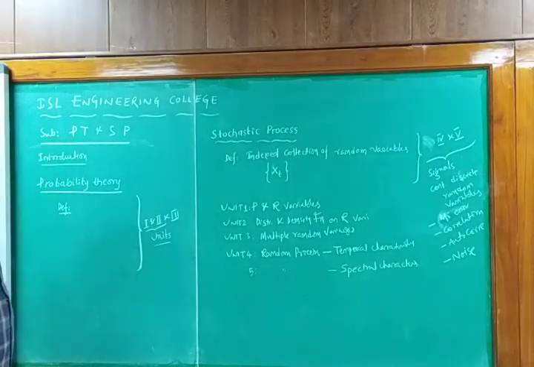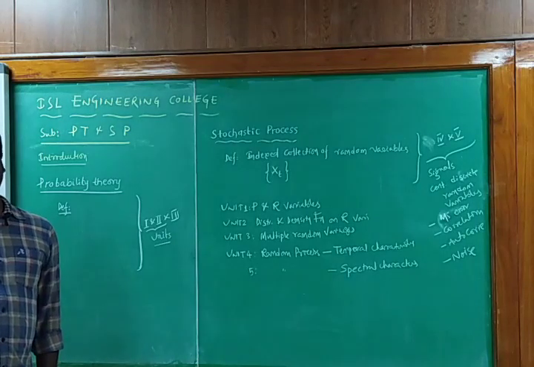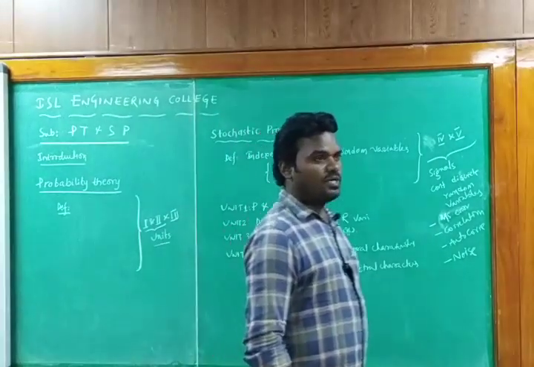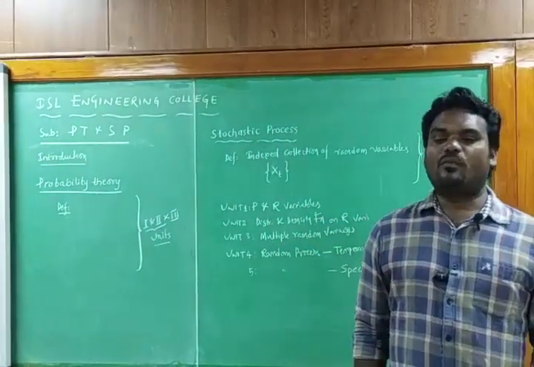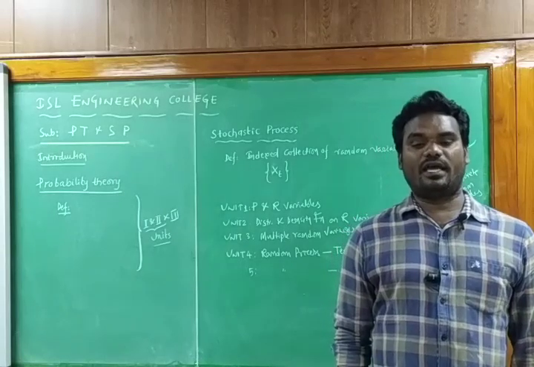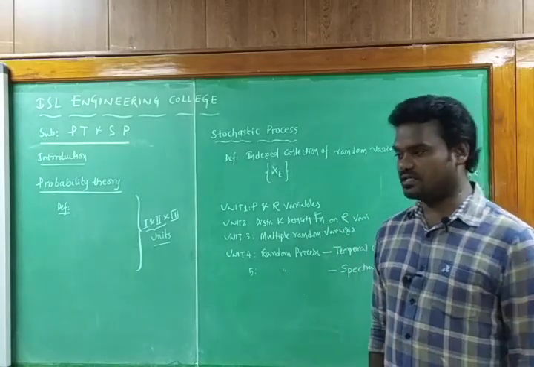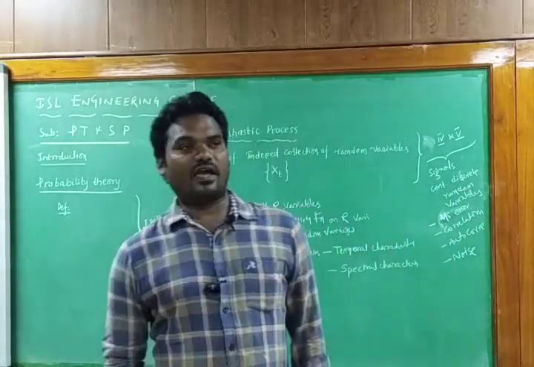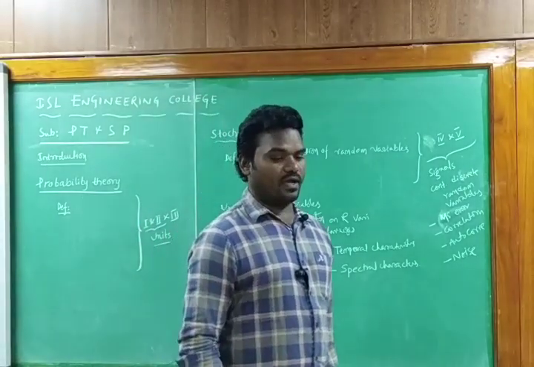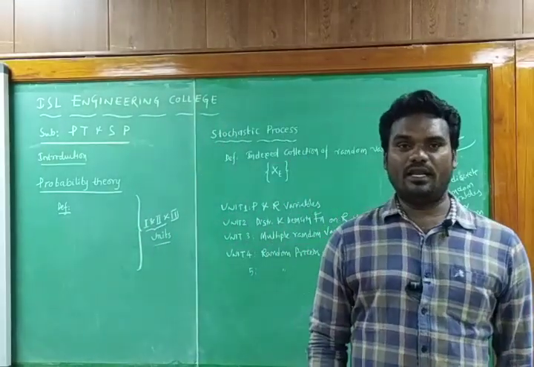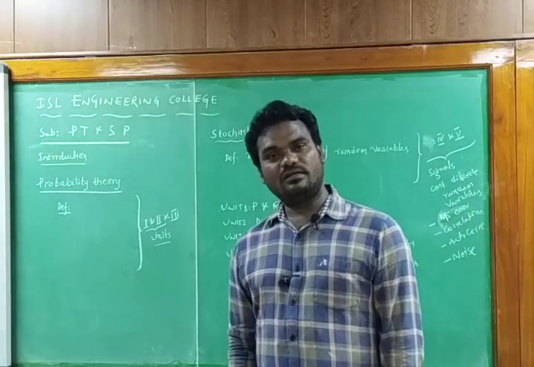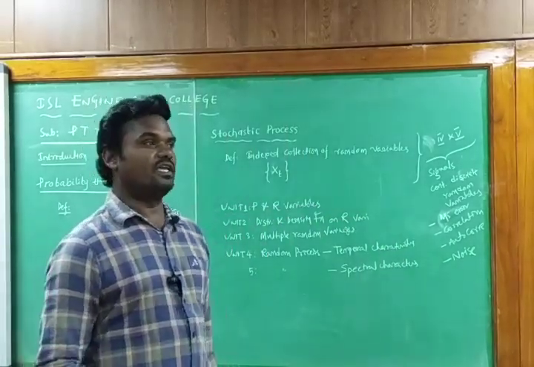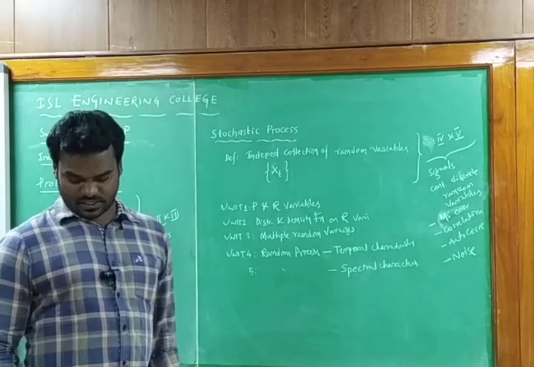Probability theory. First I am going with the fundamental thing about the probability theory. What is probability actually? Probability is nothing but the possibility of occurring an event in a random process. For example, if I have a coin which has a head and a tail, if I toss it, there is a possibility of getting the head as well as the tail.